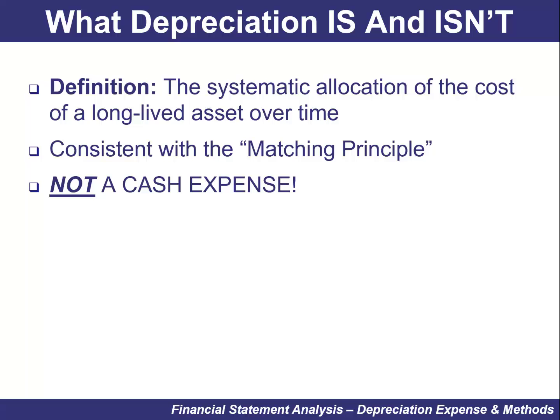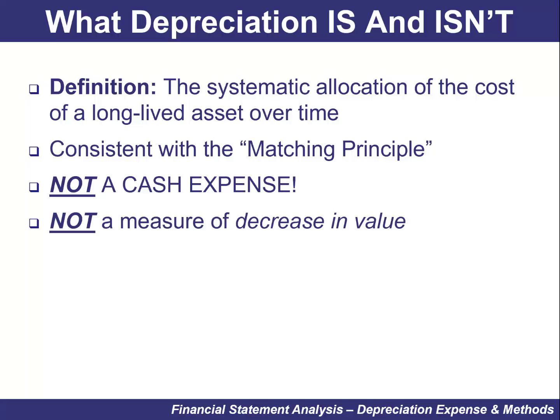But in those subsequent years, even though you have the expense allocated and the expense is recognized, you don't have a cash outlay. This is important because as finance people, we care about cash flows. And if you're estimating cash flows and you're starting with an accounting number that has already had depreciation expense deducted, say operating profit or EBIT, in order to convert that back to cash, you'd have to add back the depreciation expense.